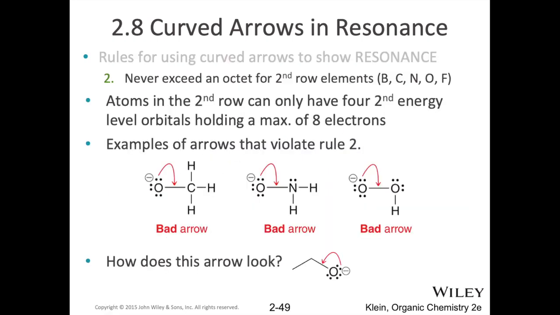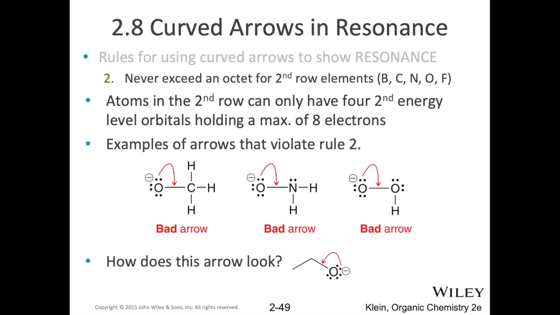When you are pushing your electrons to a new location, you have to make sure that location makes sense. This means you do not want to wind up with a new resonance contributor that has an atom breaking the octet rule. It is possible to break the octet rule for an element in period 3 and below, so there are exceptions where you can do that.